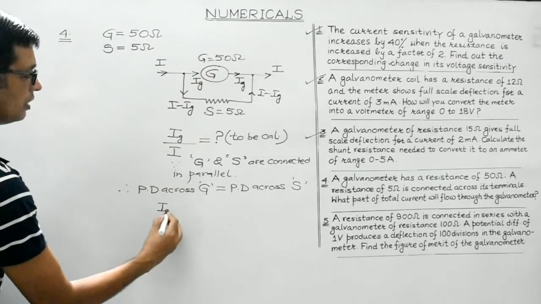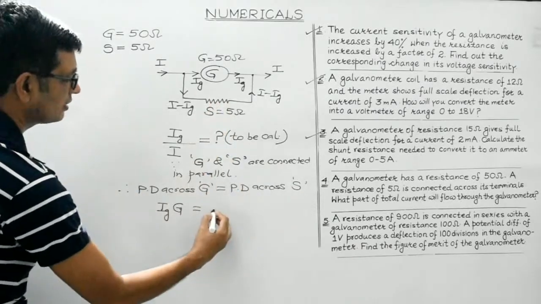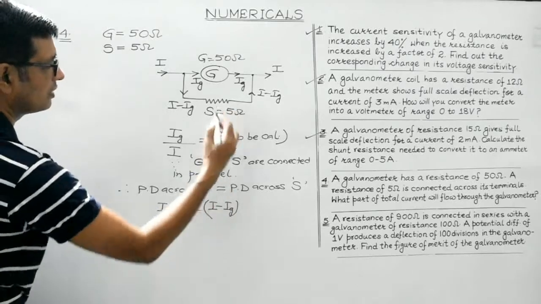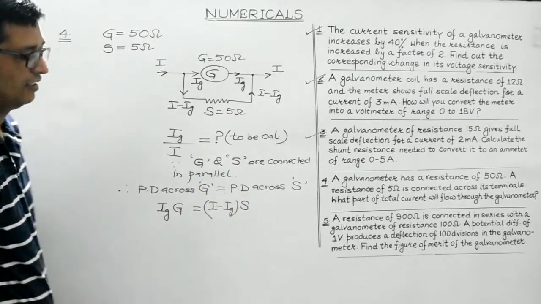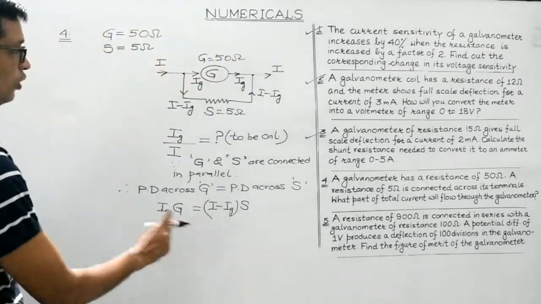It is IgG. And what is the potential difference across S? It is I minus Ig, this is the current, multiplied by resistance, which is S. So let's substitute the value and we can easily get the answer. Okay, Ig.